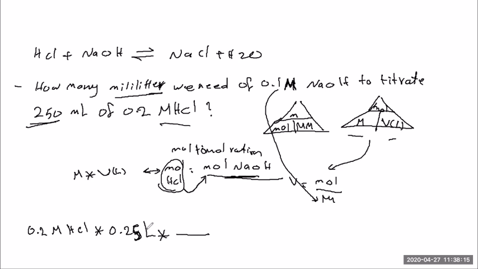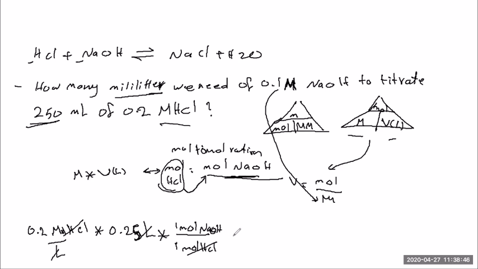Don't forget, molarity is mole divided by liter, so liter cancels with liter. Here, the mole-to-mole ratio between HCl and NaOH is 1 to 1. One mole HCl, one mole NaOH.